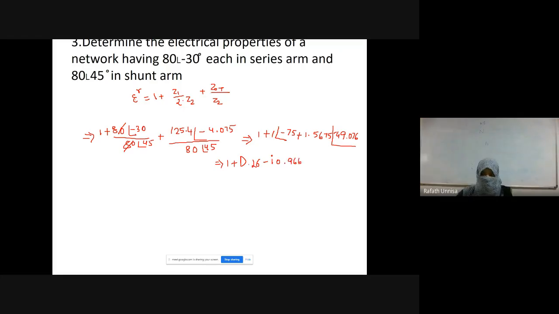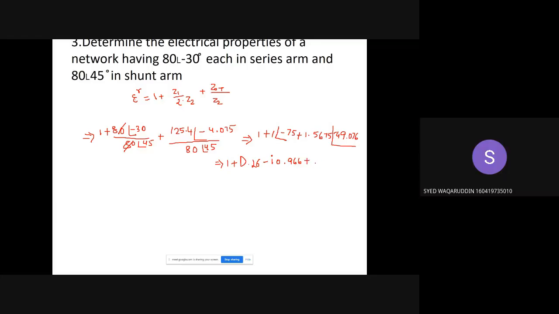And next is 1.5675 at an angle minus 49.075 or 76 if you are taking. How much are you getting? The answer is plus 1.026 minus j 1.183.